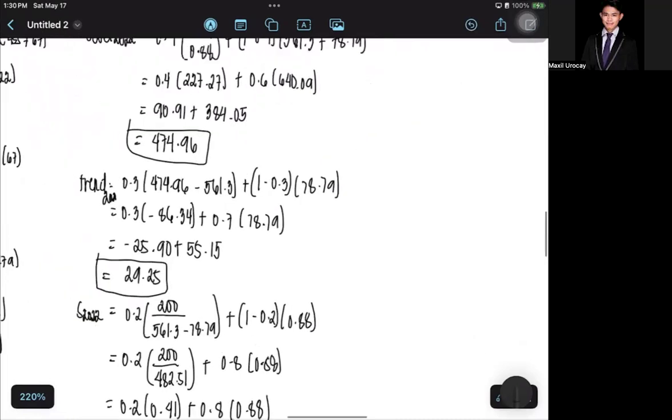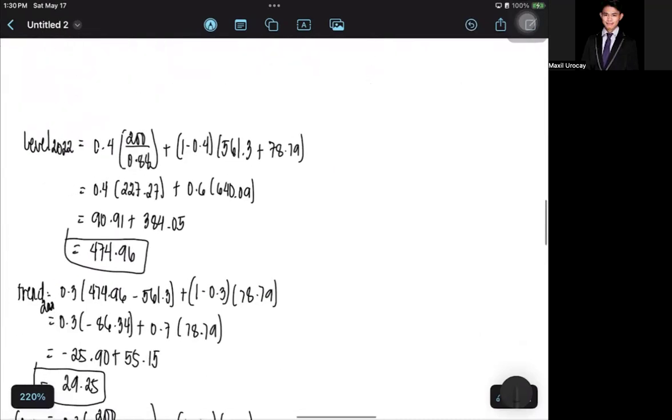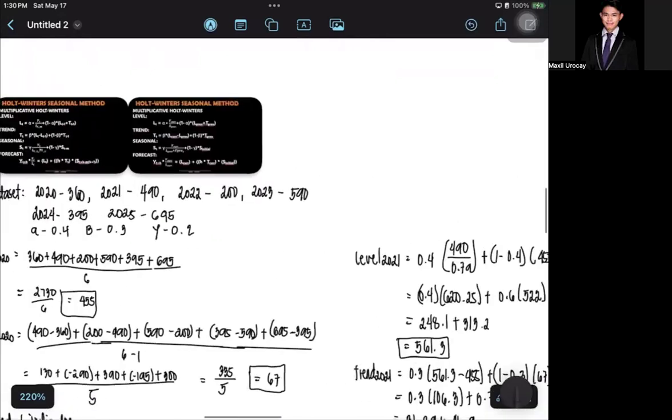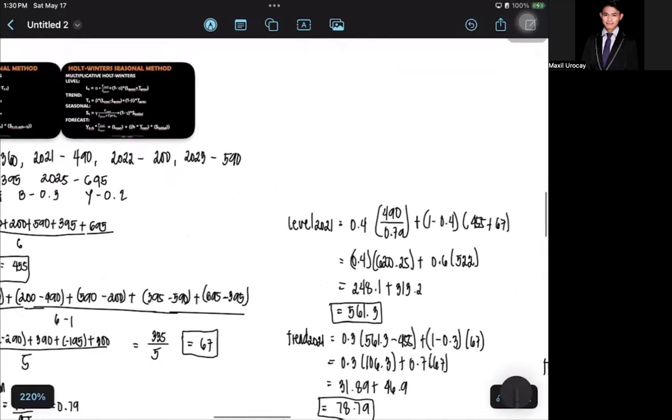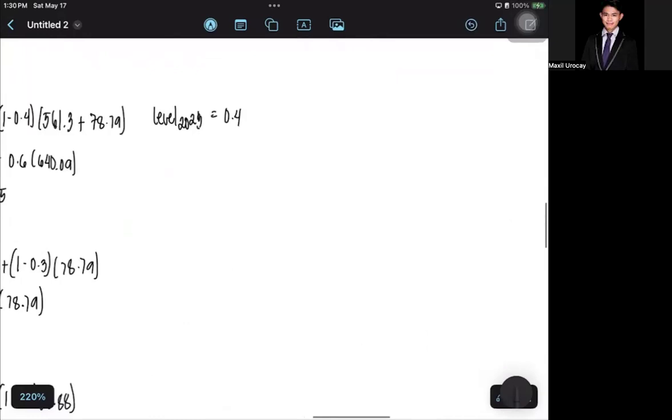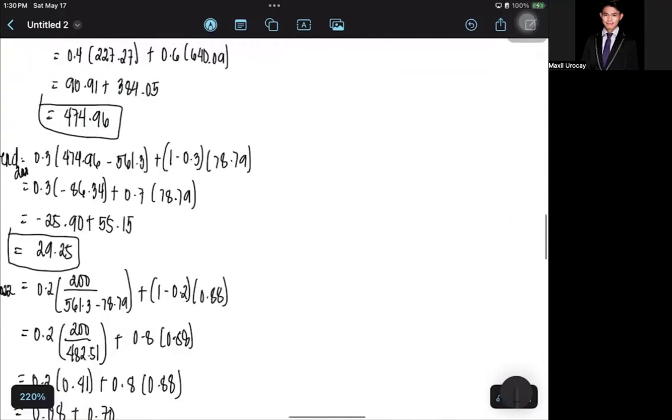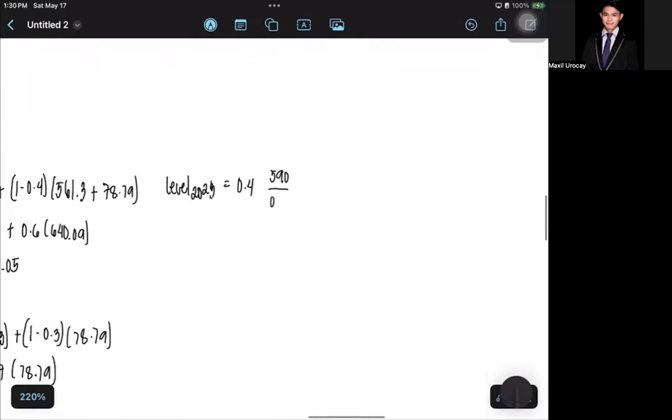So let's calculate the level of 2023 already. For 2023, our alpha is 0.4. Then the 2023 data that we do have right now is given here at 590. So the 590 is your data. Then over the previous seasonality, your previous seasonality is 0.78.